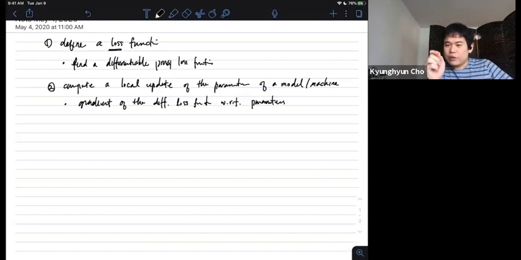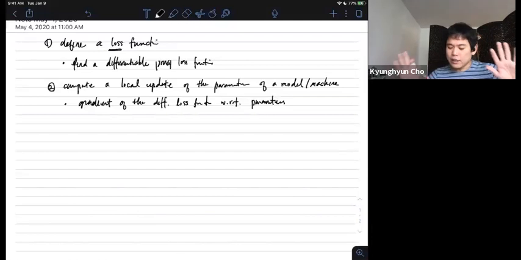By doing that, we know that this loss function is going to go down slightly. And then after the parameters are updated, we recompute the gradient of the loss function with respect to the parameters at this new point in the parameter space. And then we apply it over and over until we notice that the loss function does not go down enough, or we stop early. That is, we check the validation loss, and then we stop when the validation loss does not decrease any further. Okay, so this is how we have been actually solving all these problems.